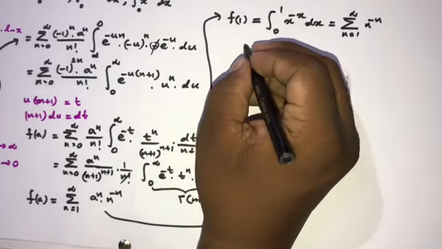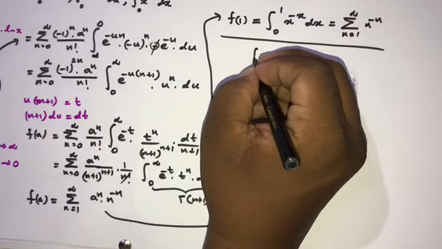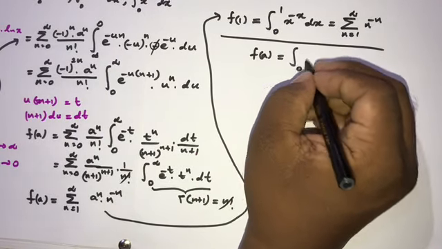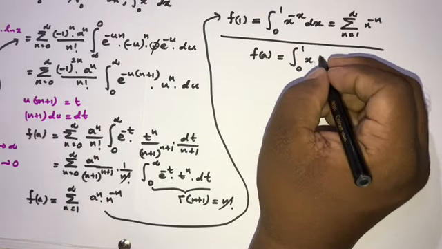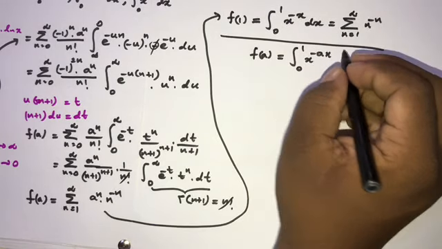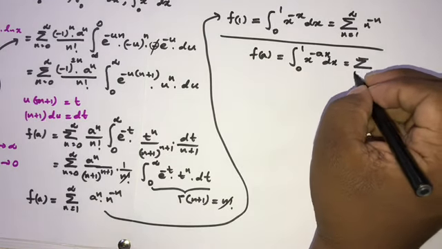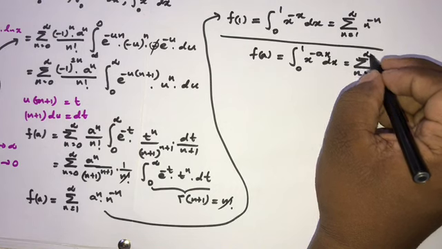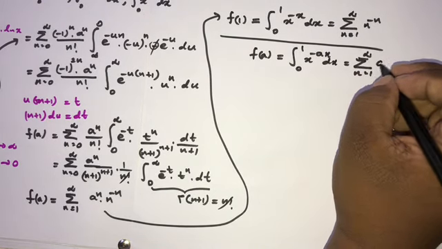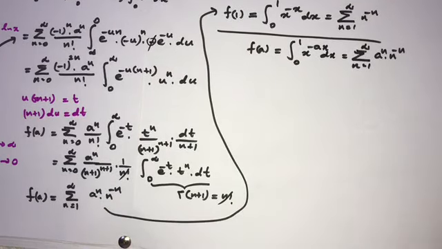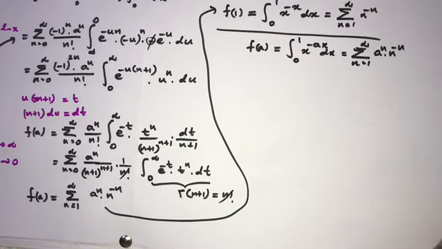So we know f of a is equal to integral from 0 to 1 x to the minus ax dx, and this is equal to n is equal 1 to infinity a to the n to the minus n. Okay, now to take our integral, I am going to differentiate with respect to x.